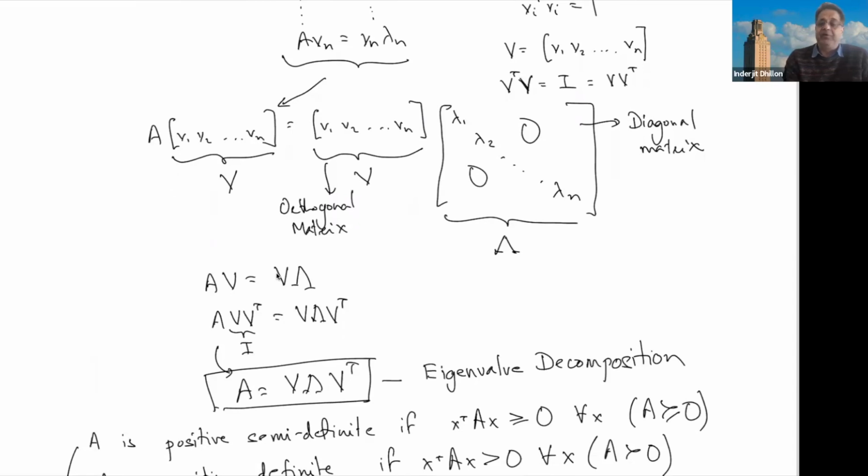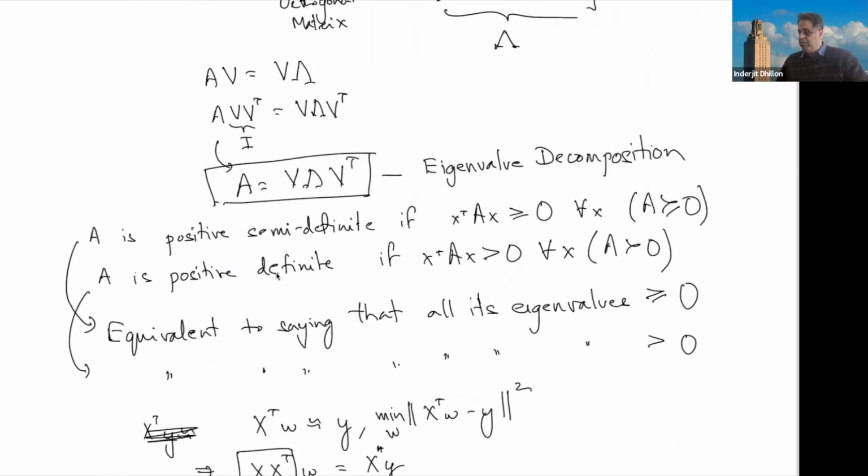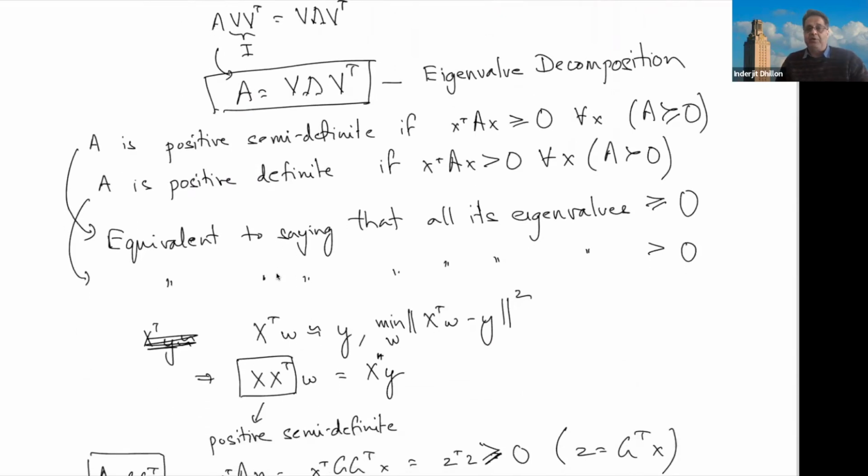And this is called the eigenvalue decomposition, but of course this kind of decomposition only exists for normal matrices, in our case, symmetric matrices. There are special subclasses of symmetric matrices where not only are the eigenvalues real, but they're also greater than or equal to 0. Those are called positive semi-definite matrices.